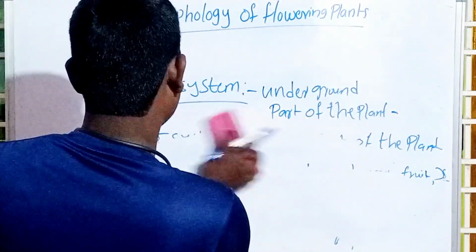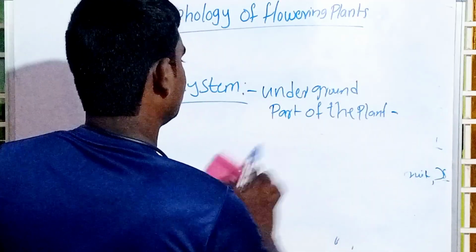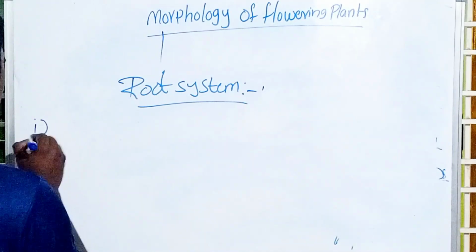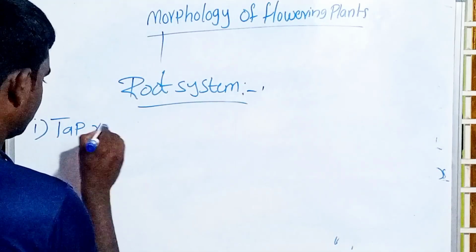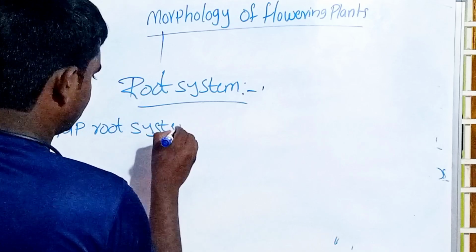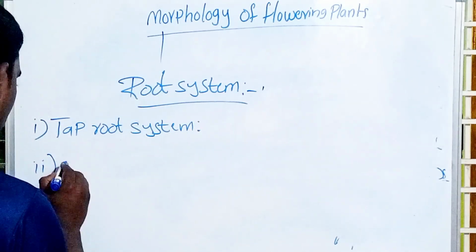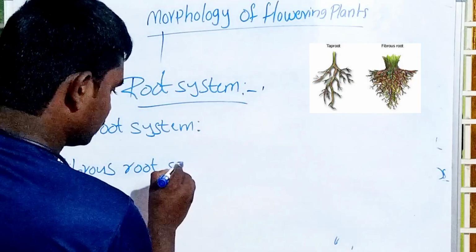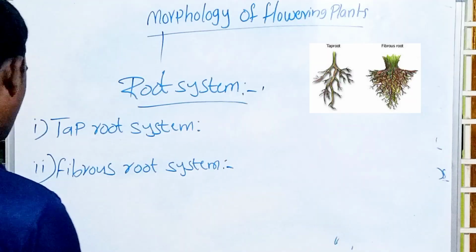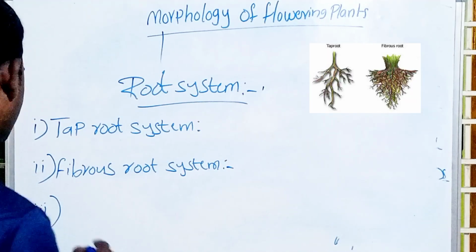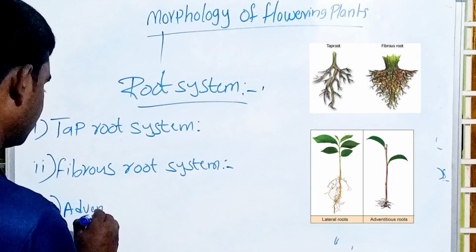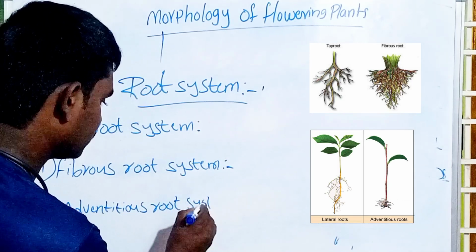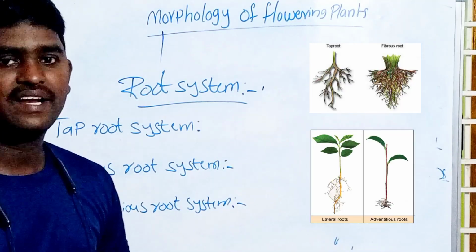Next one is root system types. The root system mainly consists of three types.